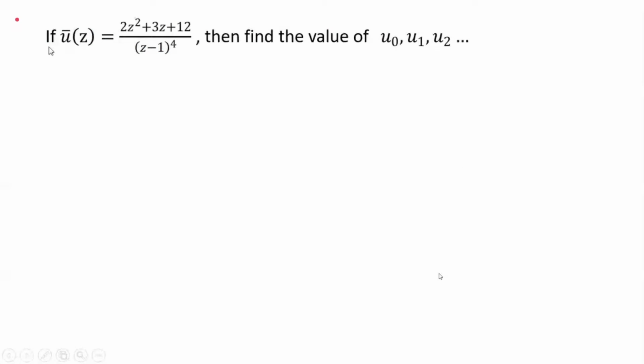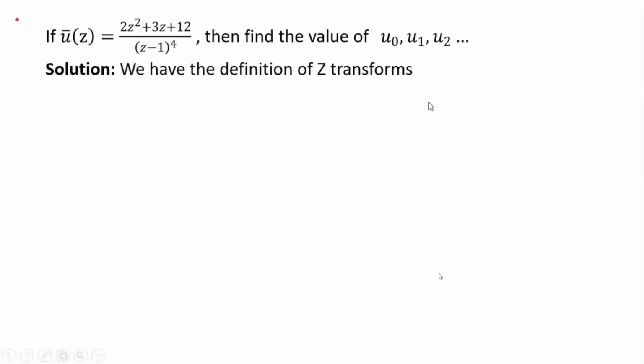So let us see how to find the terms of the sequence if the Z transform is given, making use of the result that we have studied just now. We have the definition: the Z transform u bar of Z is u naught plus u1 by Z plus u2 by Z squared plus u3 by Z cube, and so on.